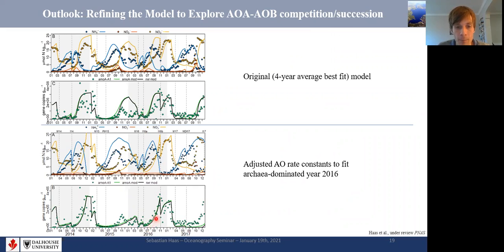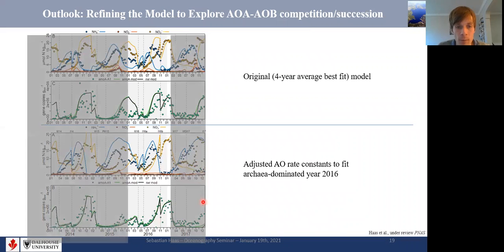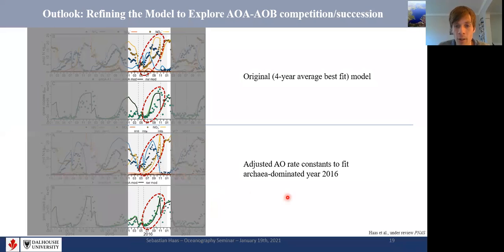But when we make the rate constant for ammonia oxidation smaller, slower, we can get this much better fit. This could be seen as a prototype for a more complex model that could be created in the future, where there are two kinetically distinct types of ammonia oxidizers: one an archaeal type with slower ammonia oxidation, and one bacterial type with faster ammonia oxidation.